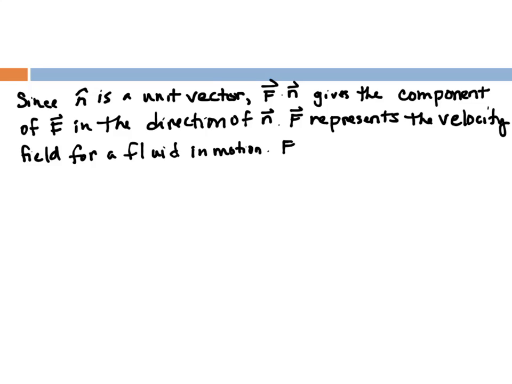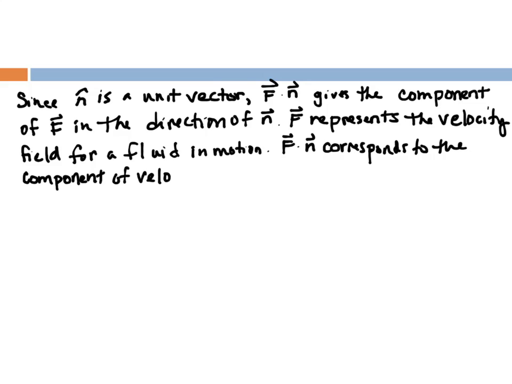Which means then that F dot n corresponds to the component of velocity that moves the fluid across the surface.